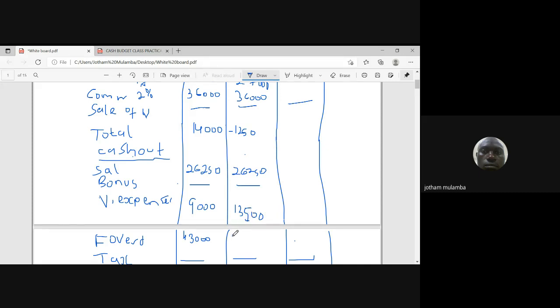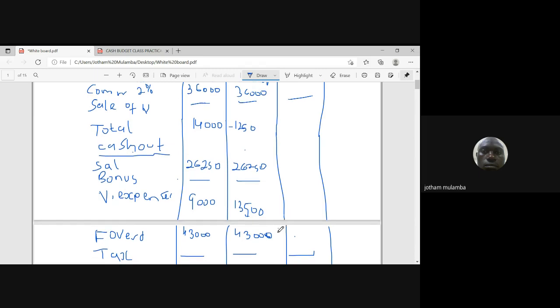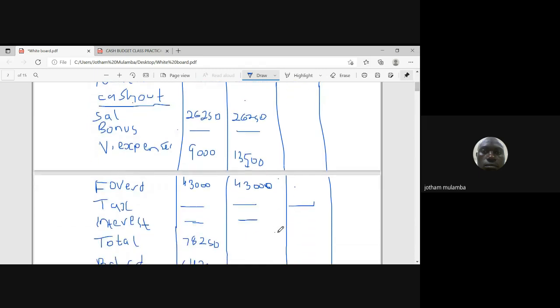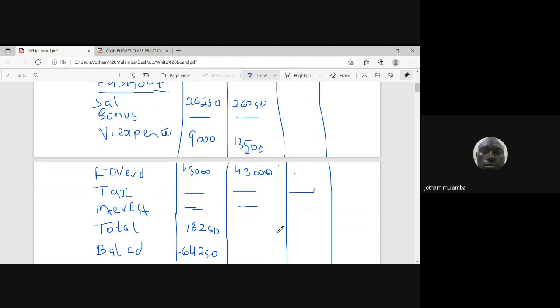So our fixed overhead will remain 43,000. Then we don't have tax, we don't have interest.